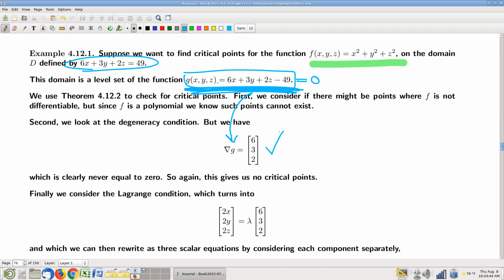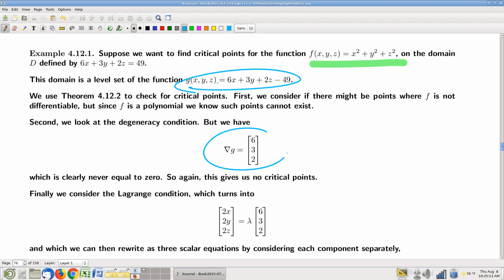All right. By the way, there's nothing magic about moving this 49 over to the other side. This constant over here does not have to be 0. I just did that for kind of aesthetics. If you wanted to scratch this off and have it equal to 49, that's also constant. That's fine. And notice it would give you the exact same constraint gradient. It doesn't matter. Suit yourself. All right, so we have a constraint function. We have a constraint gradient.